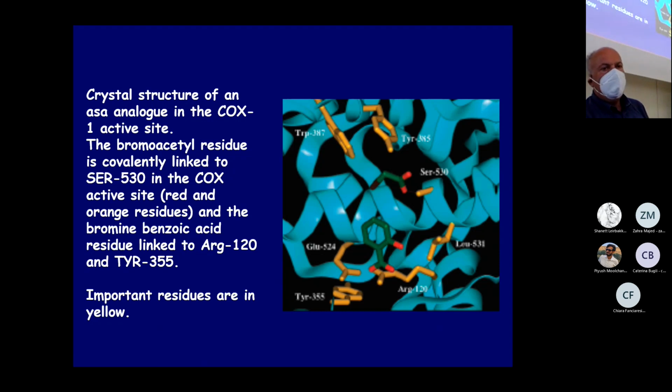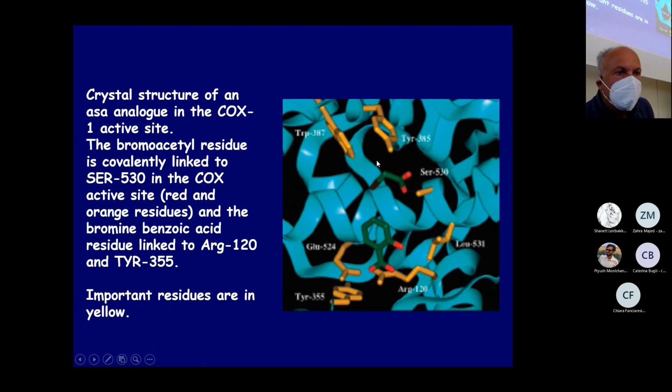Here you can see an X-ray structure, X-ray picture of salicylic acid in the active site. You see the OH here, and here you can see the acetyl residue on the serine 530, sorry.